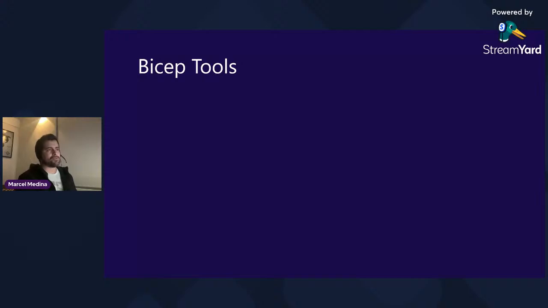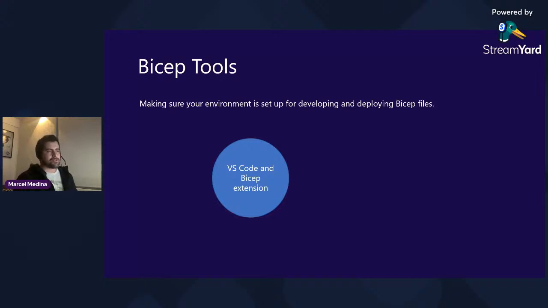With the Bicep tools, what we're trying to do here is just set up an environment, right? So we have some tooling that's important to have installed on our computer before we start doing any migration. To start with, the VS Code and the Bicep extension, right?